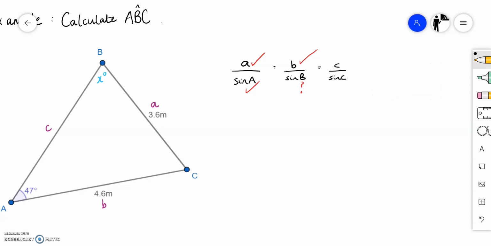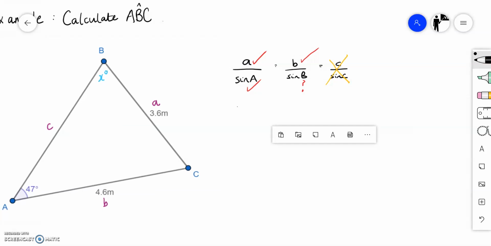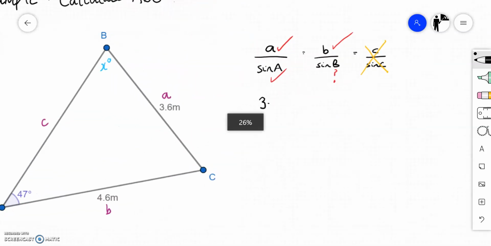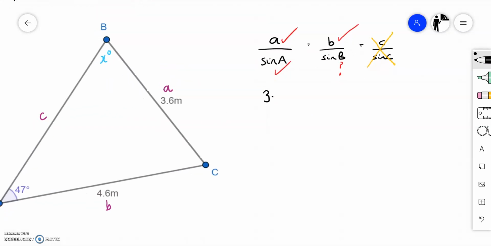So in this case, we're going to use the fractions that have two ticks and a question mark and a tick, so we can omit the c fraction here. At this stage, we'll just substitute in what we know. So this is going to become 3.6 over sine 47 degrees is equal to 4.6 over sine x degrees.